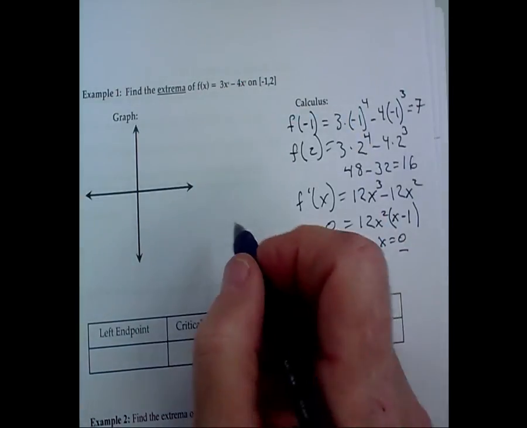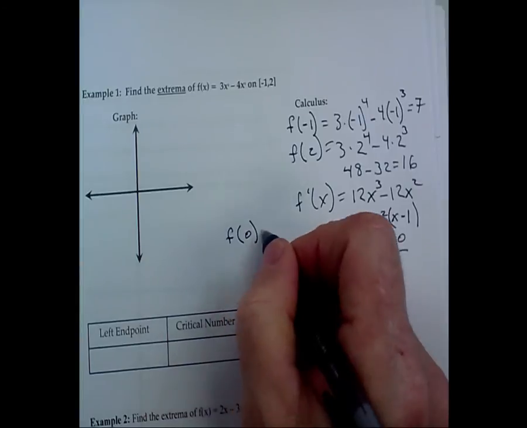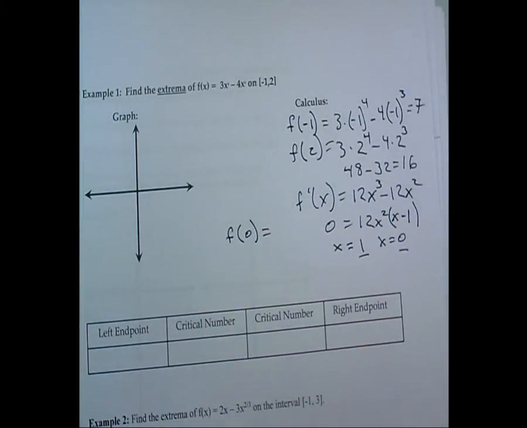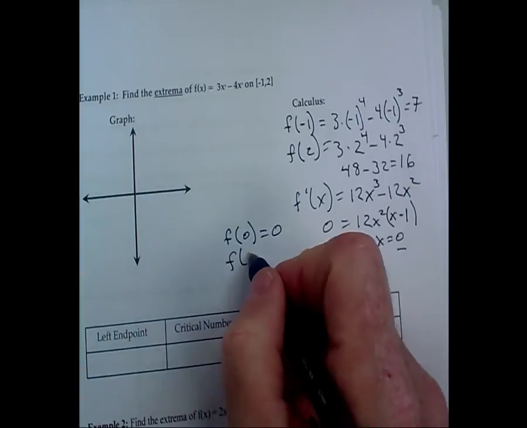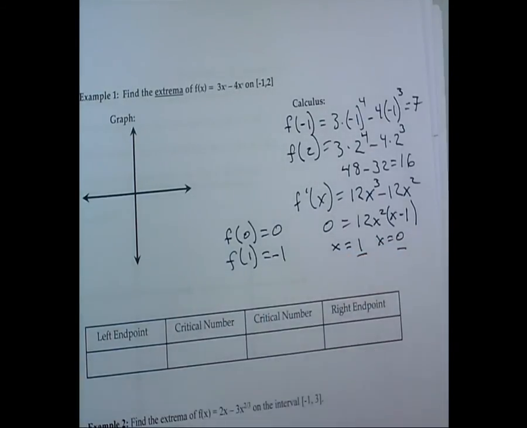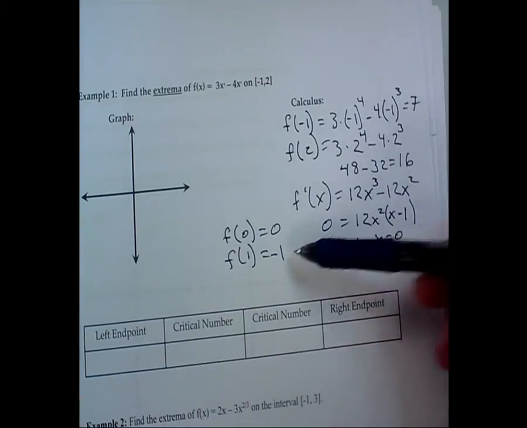What do I get when I plug 0 into f? 0. What do I get when I plug 1 into f? -1. So my numbers are 7, 16, 0, and -1.